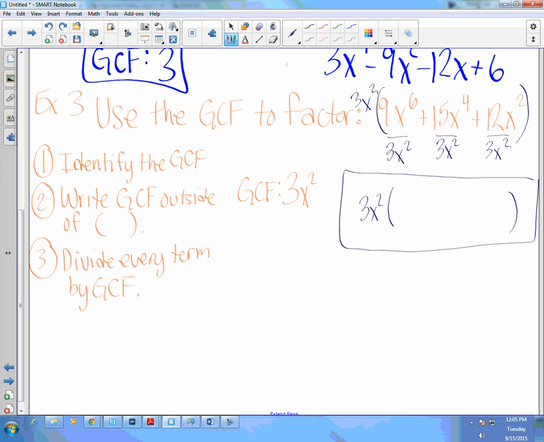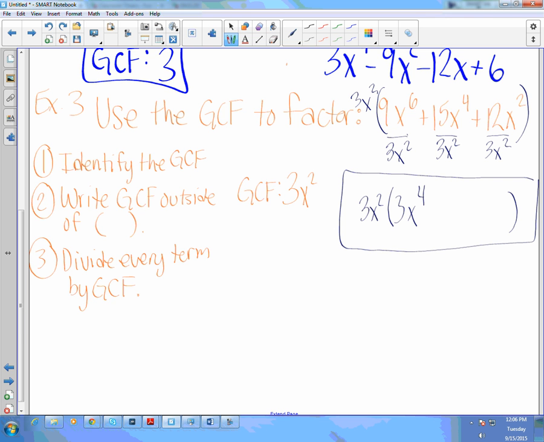Okay? So what is 9 divided by 3? Then with the exponents, x to the 6th divided by x squared. When we divide, we have to subtract, right? 6 take away 2 is x to the 4th.